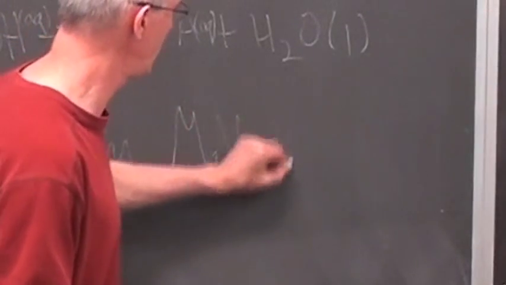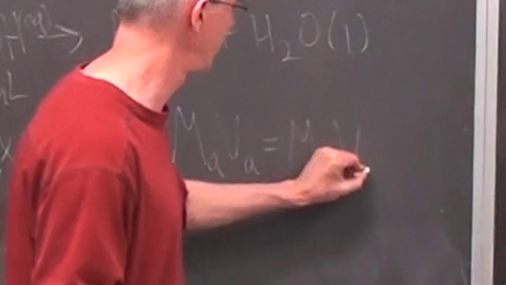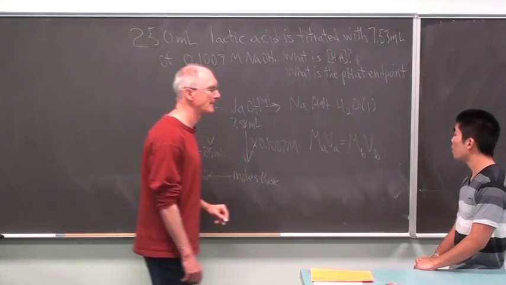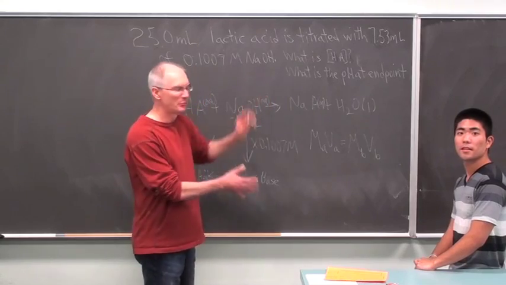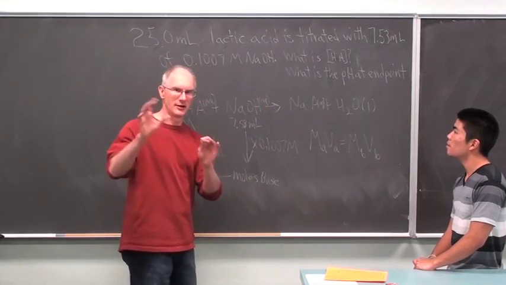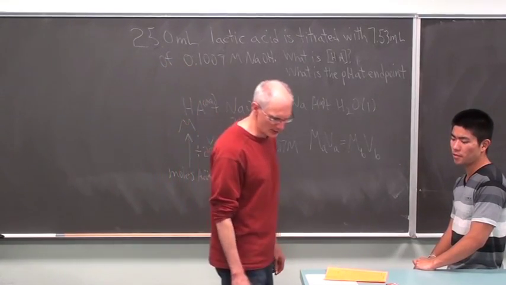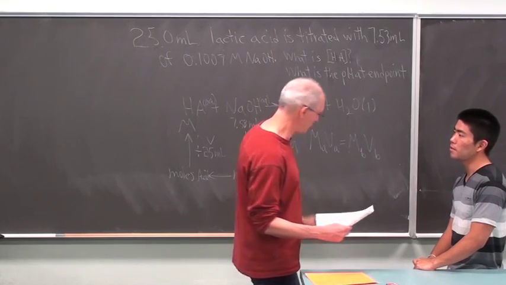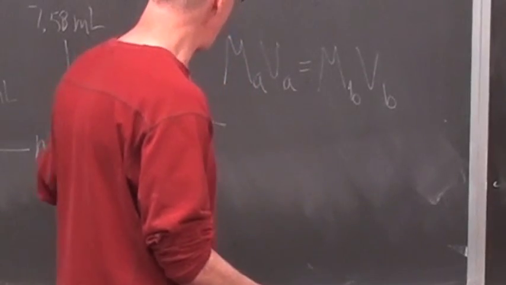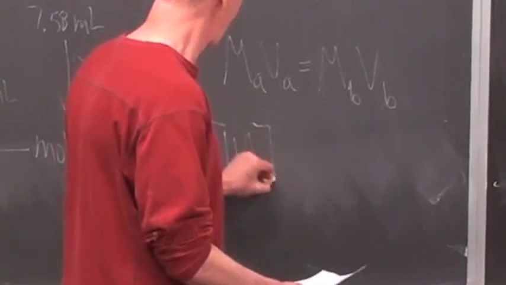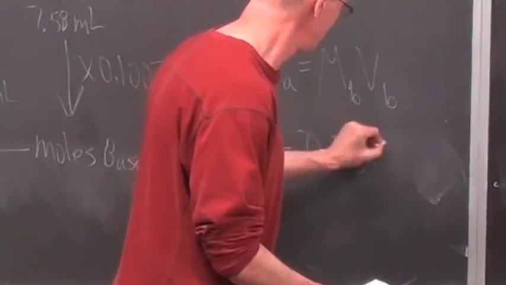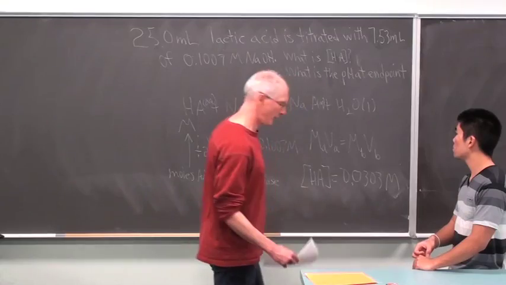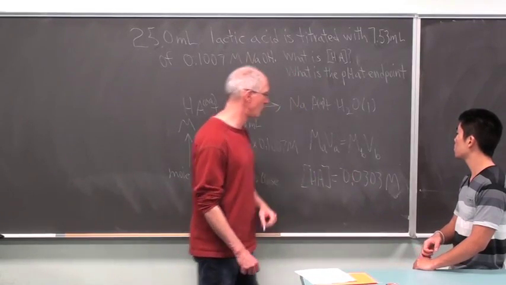MAVA equals MBVB. Pretty simple. Do the calculation, check it on your own, and make sure that what you get is a concentration of HA equal to 0.0300 molar.